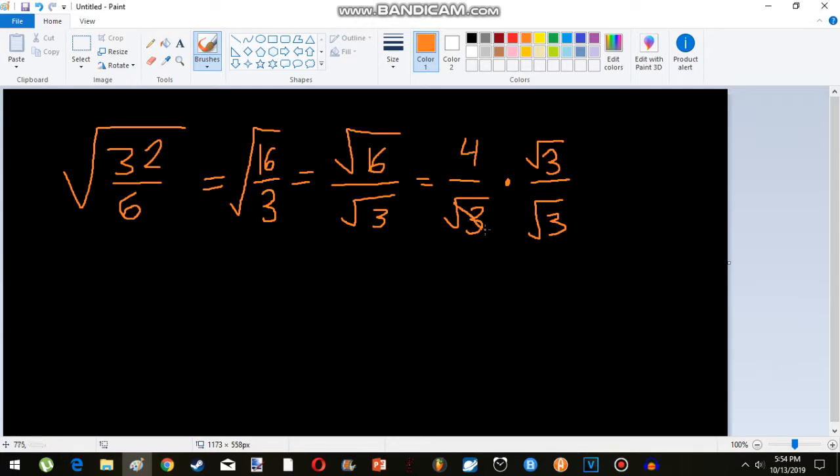Now these two make 3. Now we're left with 4 square root of 3 over 3. And we're done. That's the final product. We can't do anything about this square root. As much as I'd like to get rid of that, we can't do anything about it.